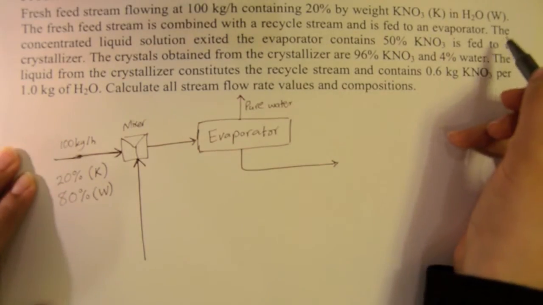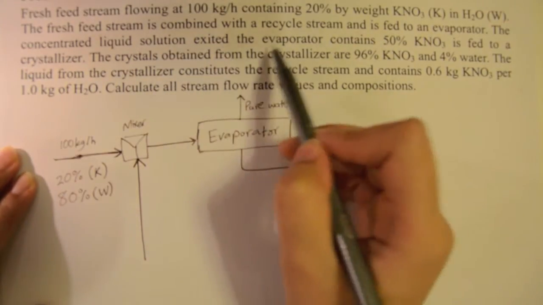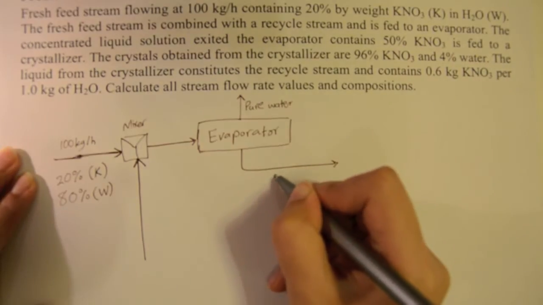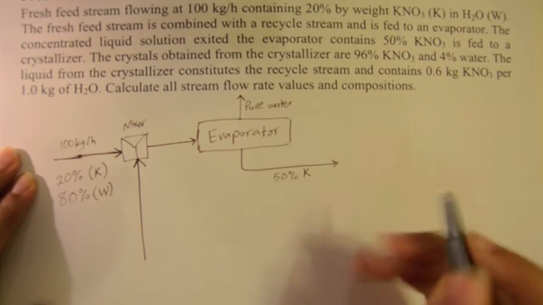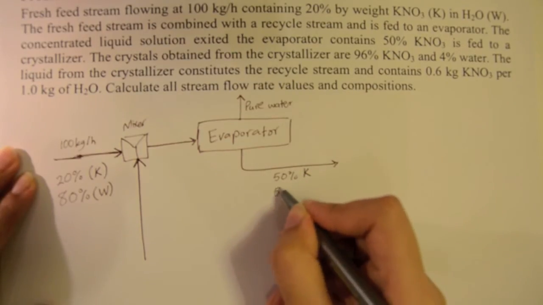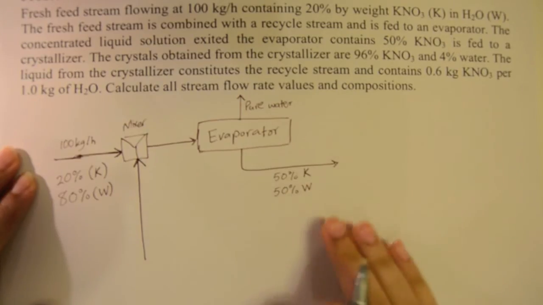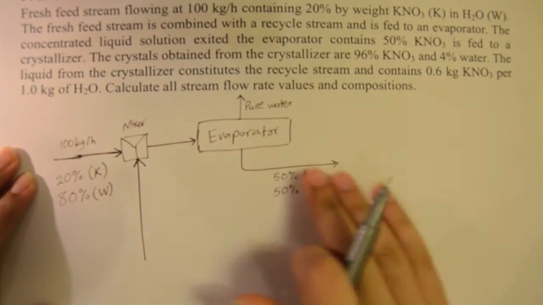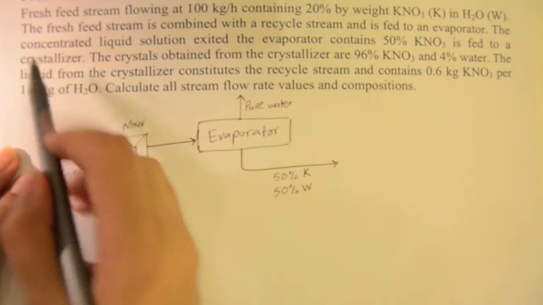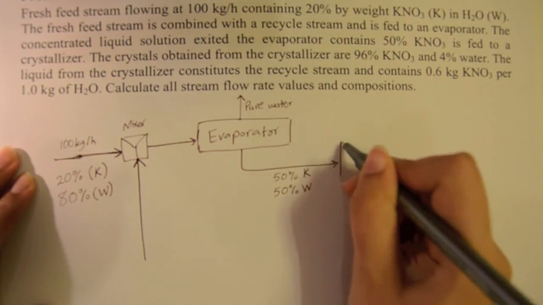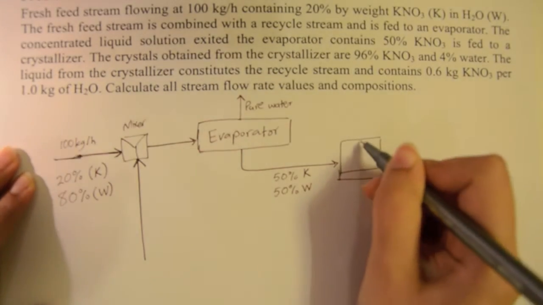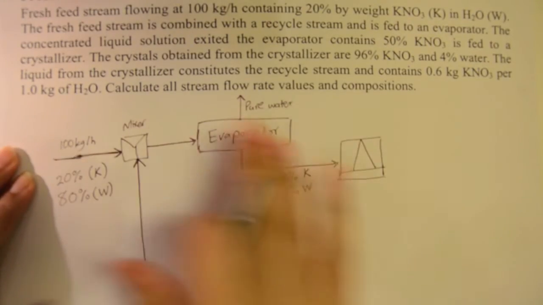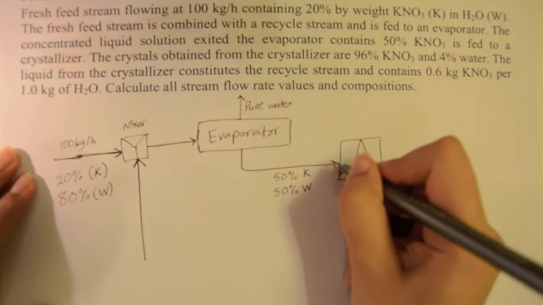The concentrated liquid solution exiting the evaporator contains 50% KNO3, so here we can write 50% K, and the rest of course will be water, so it's 50% W. This stream is entering the crystallizer. So we will draw the crystallizer here. You can draw any shape of course, but I'm drawing different shapes to make things clear.